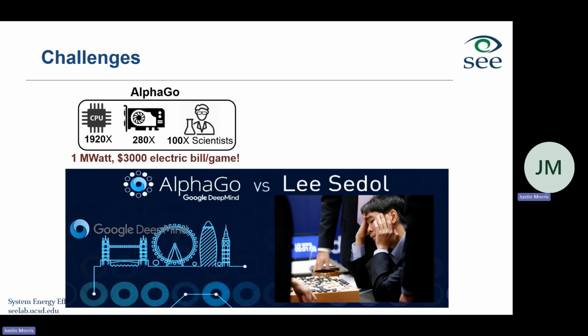But AlphaGo runs on 2,000 CPUs, 300 GPUs, and it took a team of more than 100 scientists in order to create it. This is like a server farm, right? And in order to run this, it's 1 megawatt of power. So one game of Go played by Google's AlphaGo costs $3,000 in electricity.